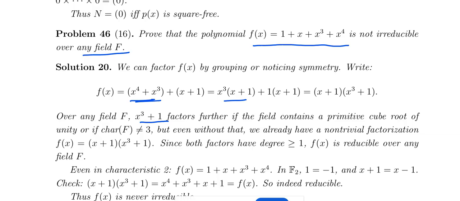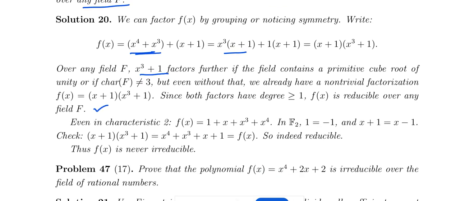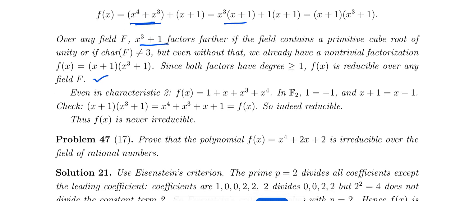So both factors have degree greater than or equal to 1. So f of x is reducible over any field F. Even in characteristic 2, f of x equals 1 plus x cube plus x power 4.